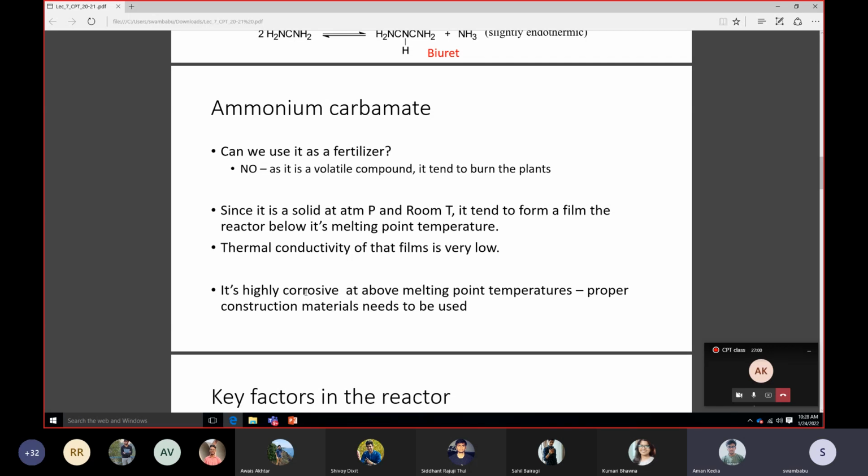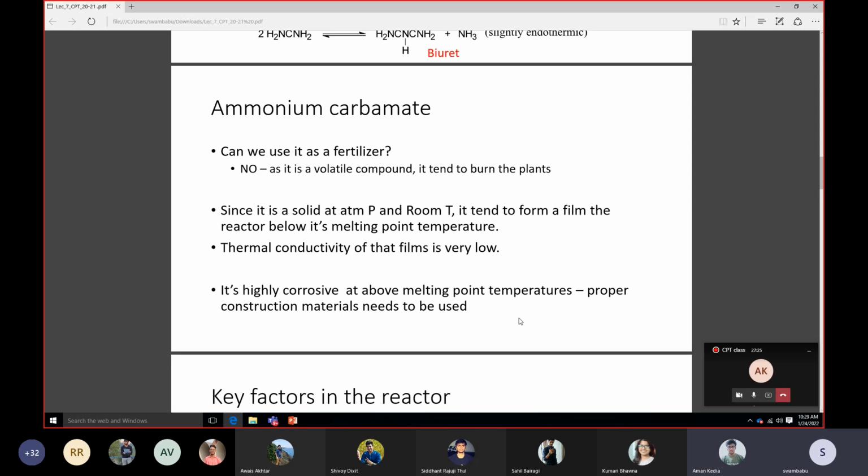To mitigate these corrosion problems, we need to use a proper construction material for the ammonia reactor. The ammonia reactor needs to be constructed with very special materials that have very high corrosion resistance. So these are the solutions to these problems.